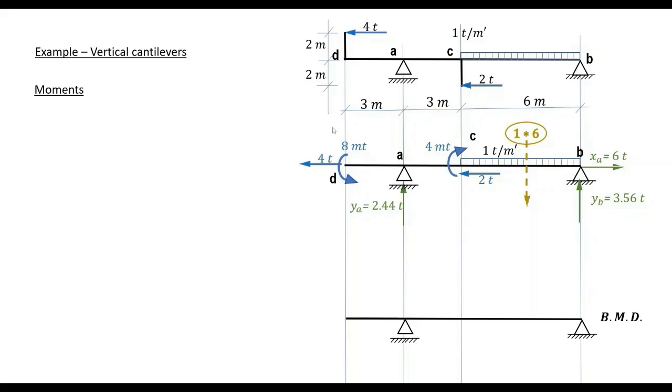So we will have a moment at D, at A, those are the points of variation, and a moment at C left, and another one at C right. We have two values at C, one at left and one at right, due to the concentrated applied moment of 4 meter tons at C.